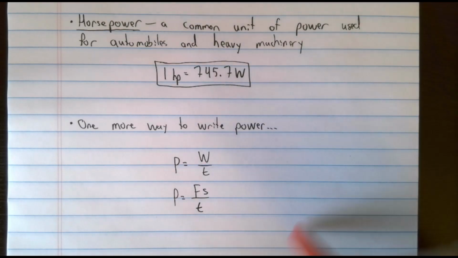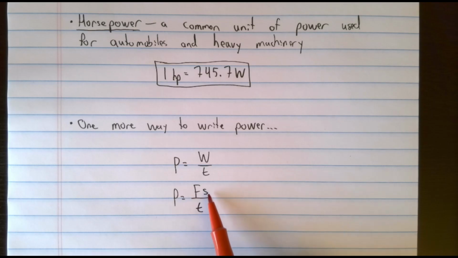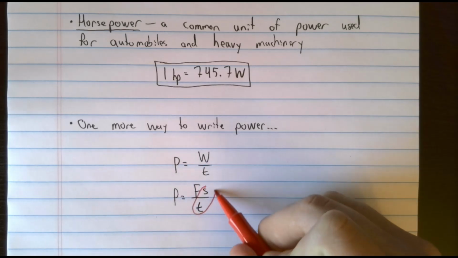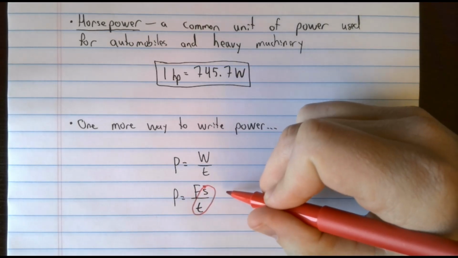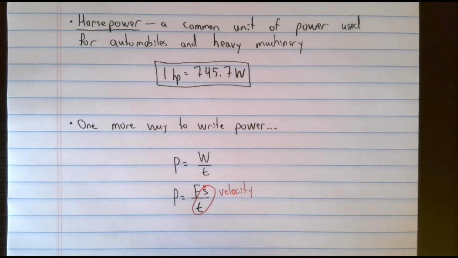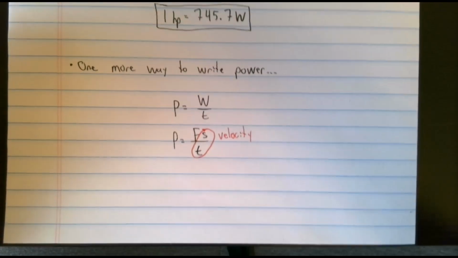What we see when we replace work with force times displacement, which is what work means, is that this here will show up: displacement divided by time, which we learned a long time ago is velocity. Displacement over time is velocity.